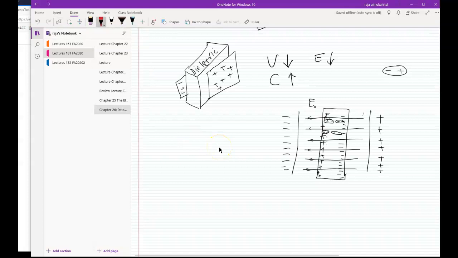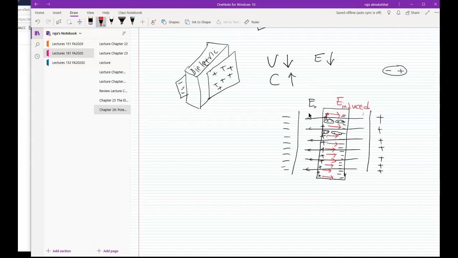Since these are positive here and these are negative, you will have what we call an induced electric field this way. Remember, the electric field goes from plus to minus, so you will have an induced electric field going this way. This electric field has been induced because of the nature of the molecules. They oriented themselves in the direction of the external field, E naught, and as a result, you get this E induced.